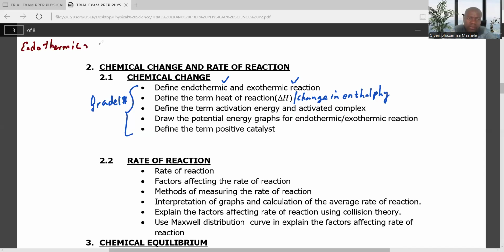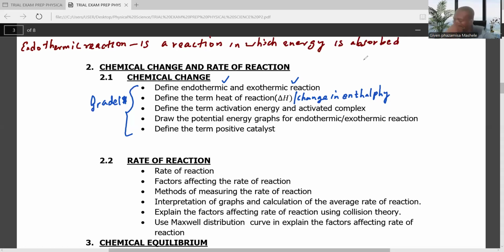An endothermic reaction is a reaction in which energy is absorbed. A reaction in which the energy is absorbed or taken in is called the endothermic reaction.